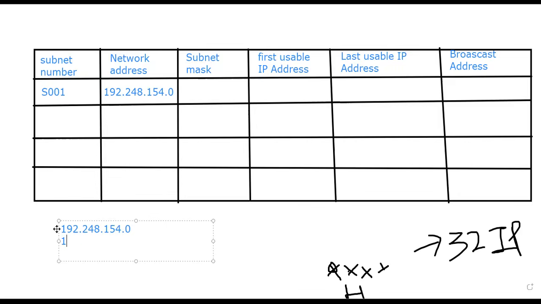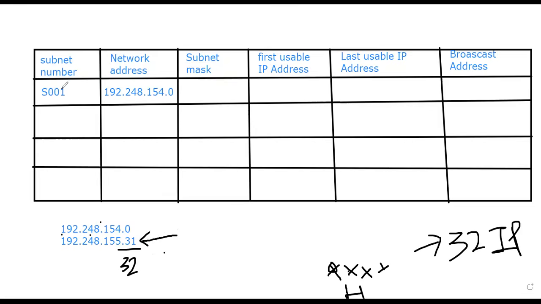So 192.248.154.31, because from 0 to 31, when you take the count, it is going to be 32, isn't it? Then what will be the broadcast address of the S001 subnet?